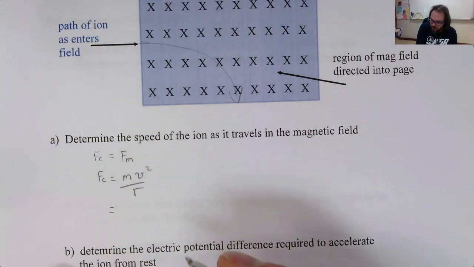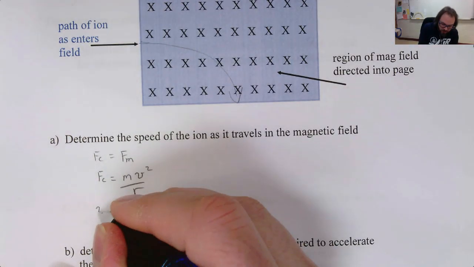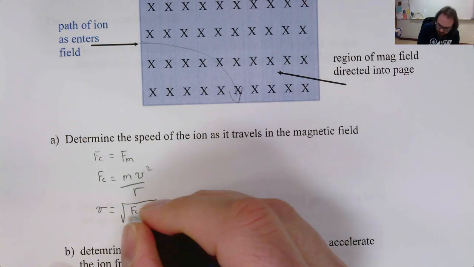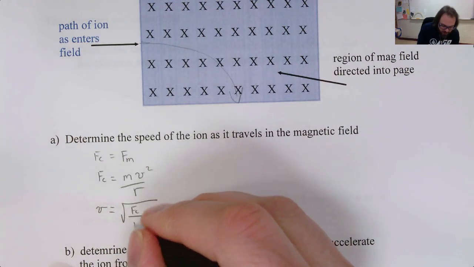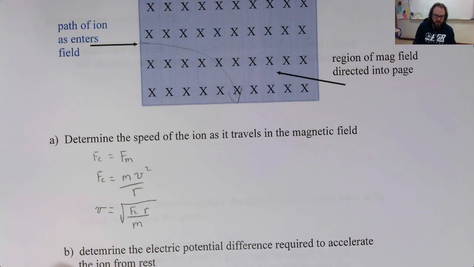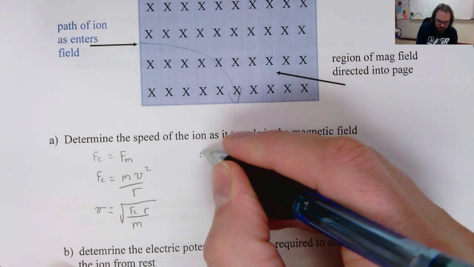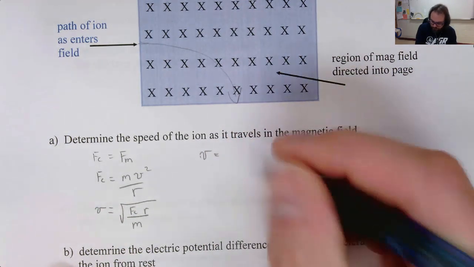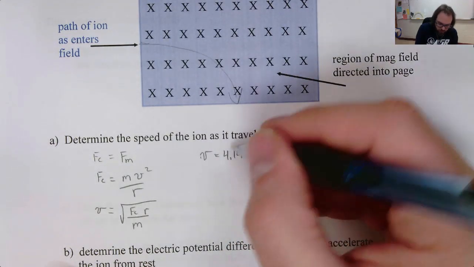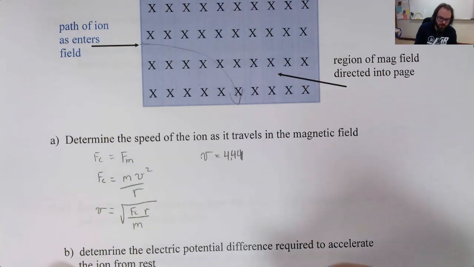So we're going to continue this. Isolating for my velocity, I'm going to end up getting the square root of my centripetal force divided by my mass, also multiplied by my radius. This is going to give me my velocity will be equal to 4.41. That's my centripetal force.